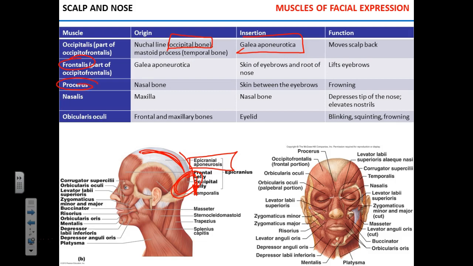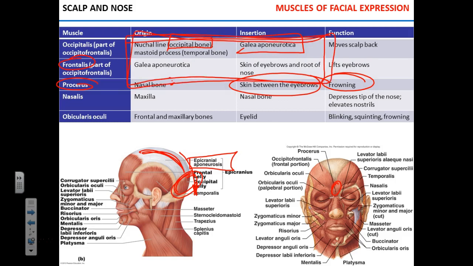Procerus. It's a rather small muscle. I don't even know if we can identify it here. There's a little small procerus. It brings the skin between the eyebrows down to the nose: frowning.